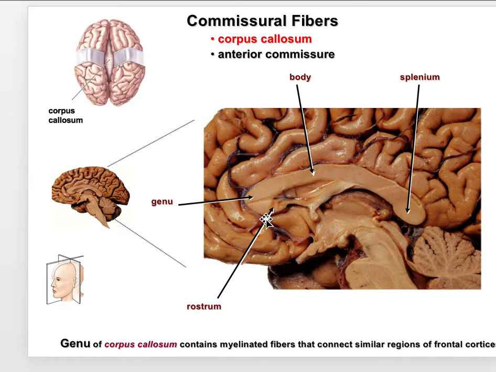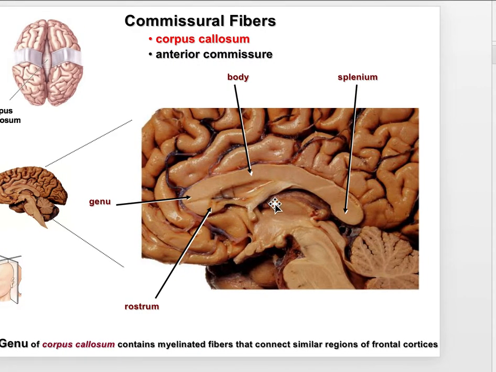Think of the rostrum in a room, or a rostrum as the place where a speaker is talking. Genu, which means bend. Body, which is this main region here. And splenium, which is in this back area here. And so these are some of the major divisions of the corpus callosum. Now, where these actually break off, like where the body is versus the splenium, we'll be sure that the arrows are pointing in really obvious areas if we ask questions about these different domains.